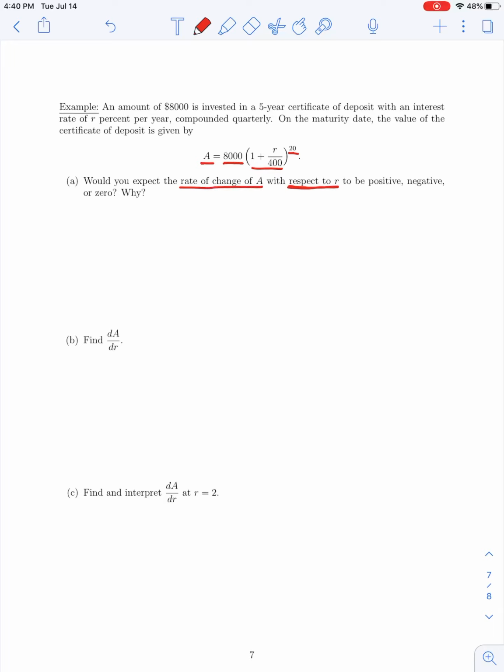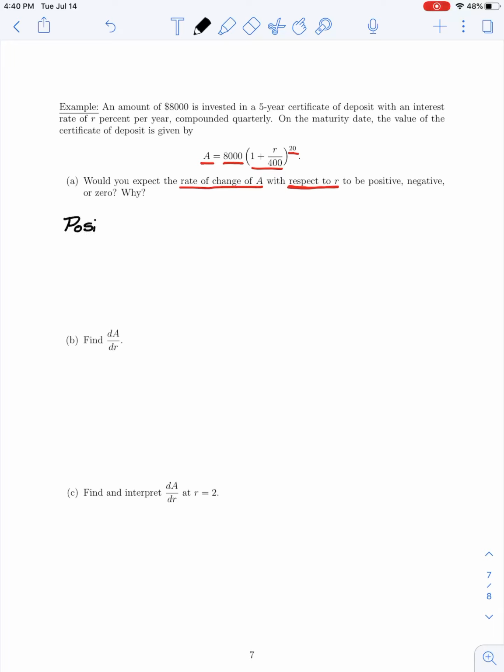Well, if we have a higher interest rate, we would expect our future amount to be more. The future amount would be increasing with respect to our interest rate. Here, that would correspond to a positive value for our rate of change.